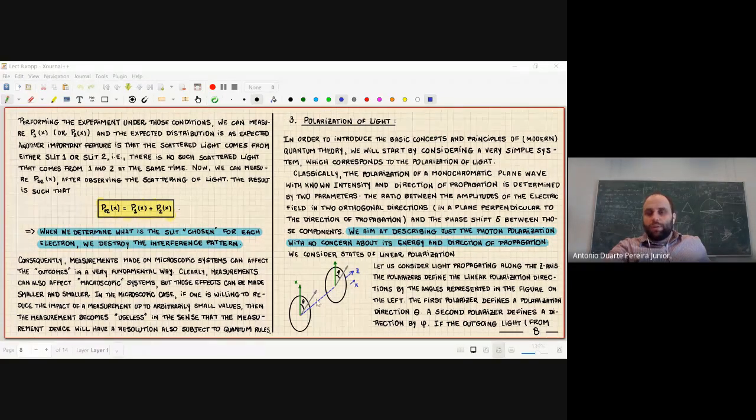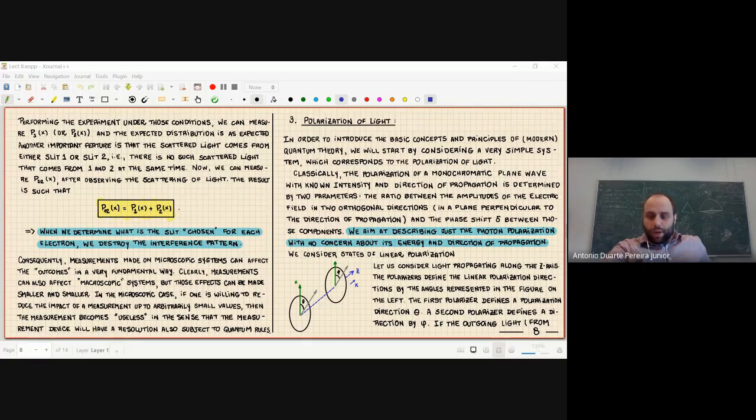So I'm talking about monochromatic light that also has a well-defined propagation direction. There is a question in the chat: is it a device? Yes.